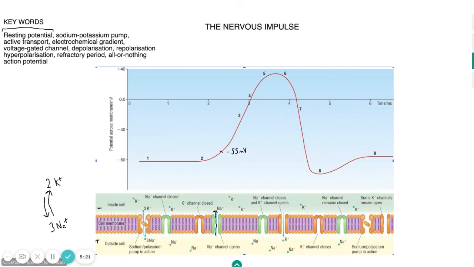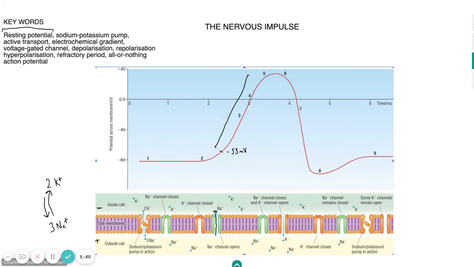And we call this depolarization. So if we look on the graph here now, from here all the way up to here, the voltage is moving from -60 to -40 to 0 up to close to +40. So it's gone from being negative inside the axon of the neuron to positive.